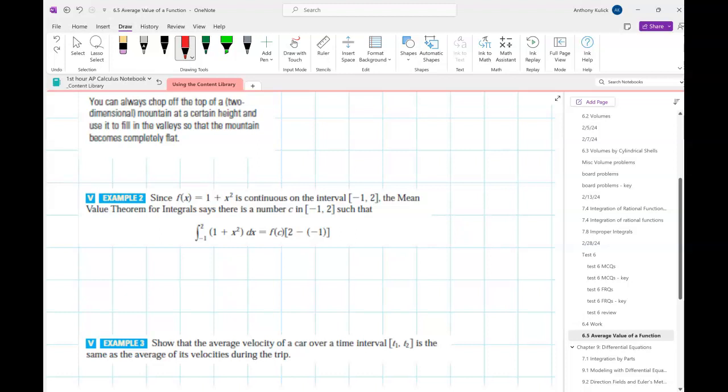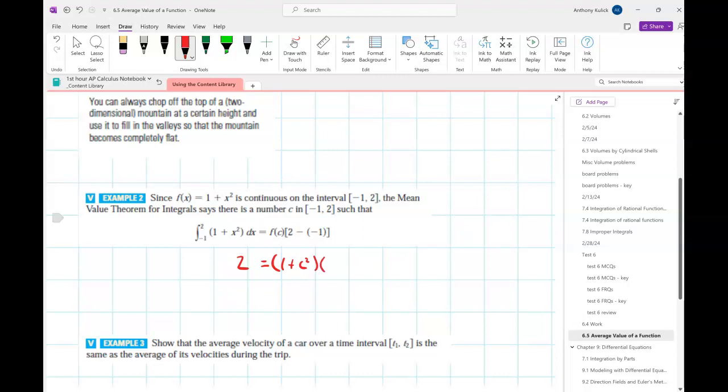Right? So we're saying that 2 is equal to 1 plus c squared.